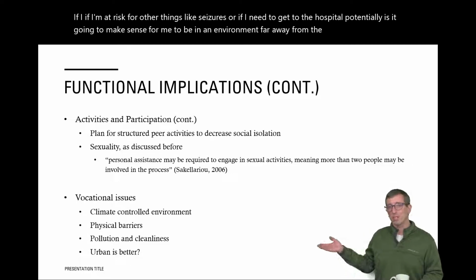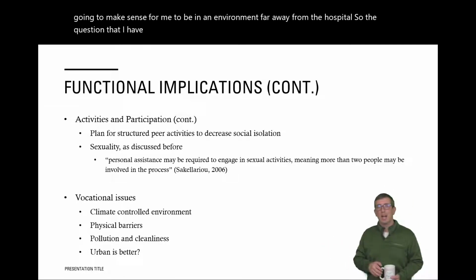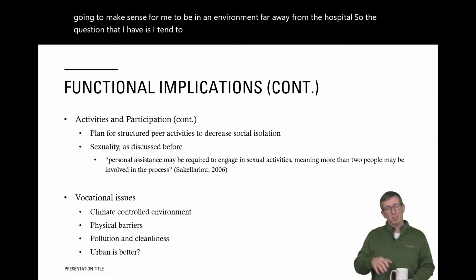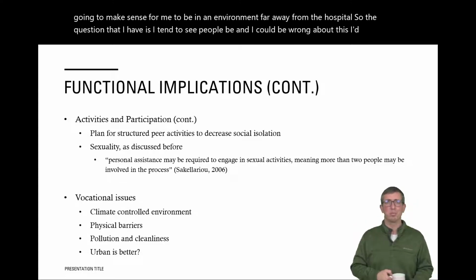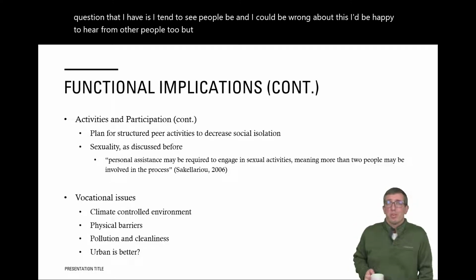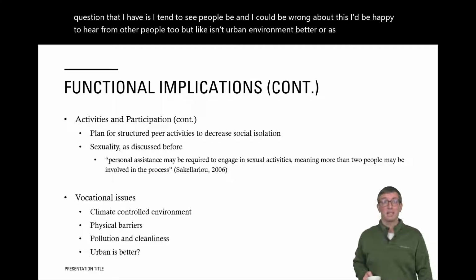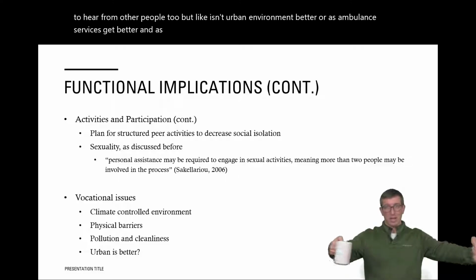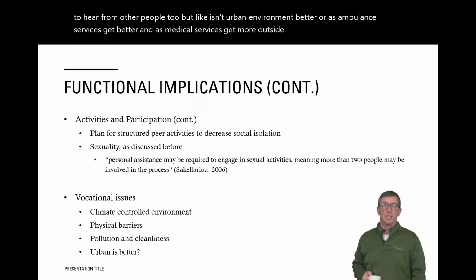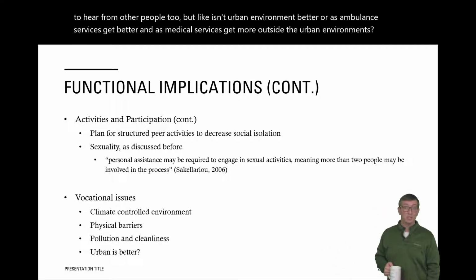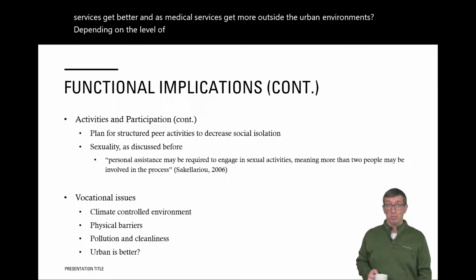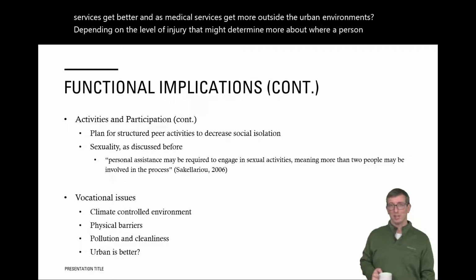I tend to see people be, and I could be wrong about this, I'd be happy to hear from other people too, is an urban environment better? Or as ambulance services get better and medical services get more outside the urban environments, depending on the level of injury, that might determine more about where a person lives and what their direct environment is.